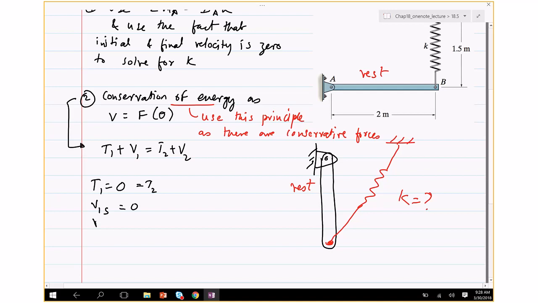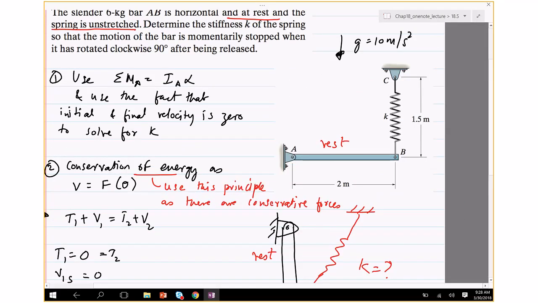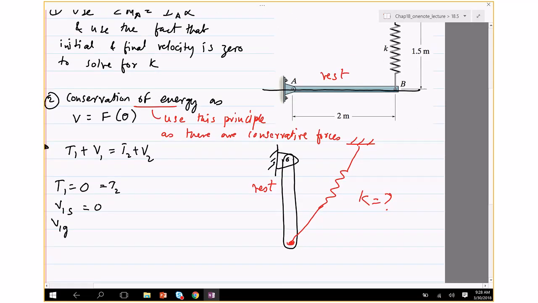We have to find the initial gravitational energy. To find it, as I said earlier, we need to fix a datum. We could choose any datum you like, here or here, anything. In this case, it makes most sense to use a datum either here or here, if this is the center of mass, so that one of those potentials will be 0.